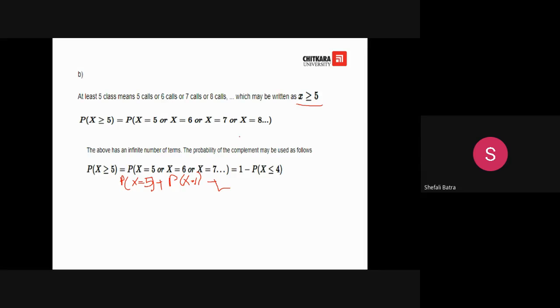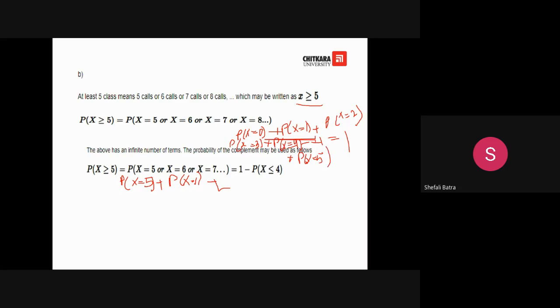We know that the sum of all the probabilities, starting from x equal to 0 plus probability of x equal to 1 and up to whatever number of calls we get at the end of the hour, is equal to 1, right? So we need x equal to 1, 2, 3, 4, 5, plus x equal to 6 and so on.